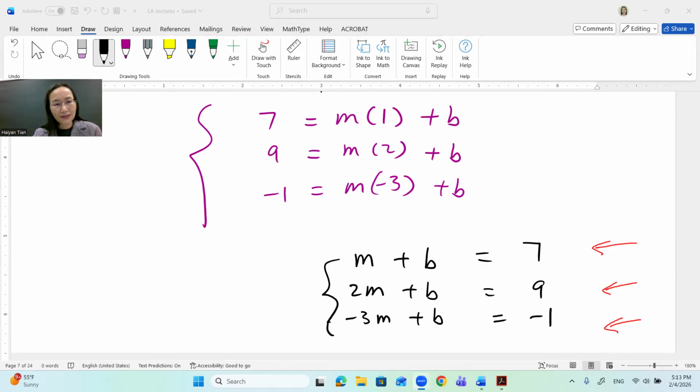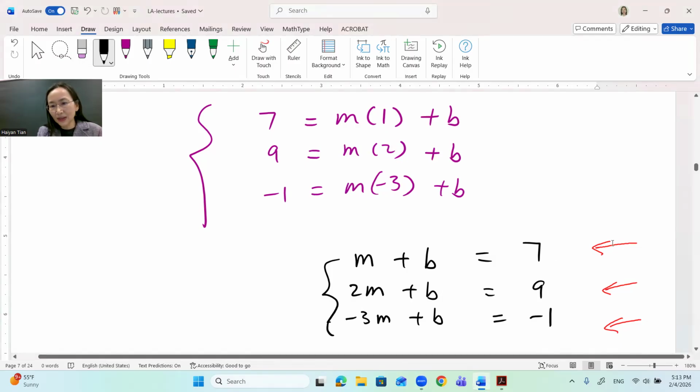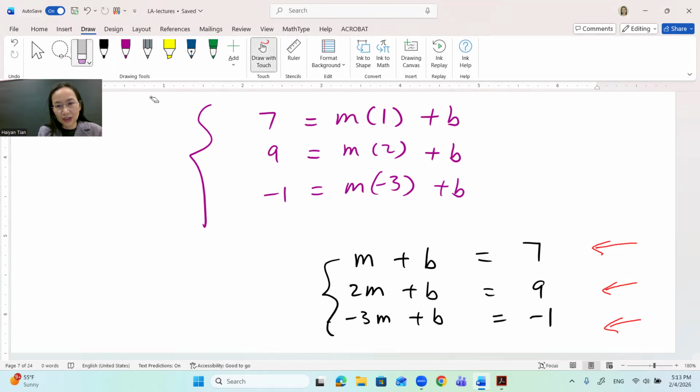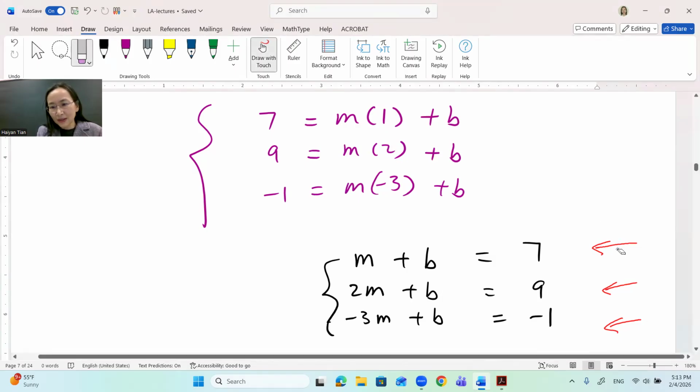If we solve this time, you see it's a different setup. We're looking for a slope-intercept form, but this time we got a non-homogeneous system. It is not homogeneous like last time. Last time we had a homogeneous system with 3 unknown variables and 3 equations. This time we got 2 unknowns, but still 3 equations.